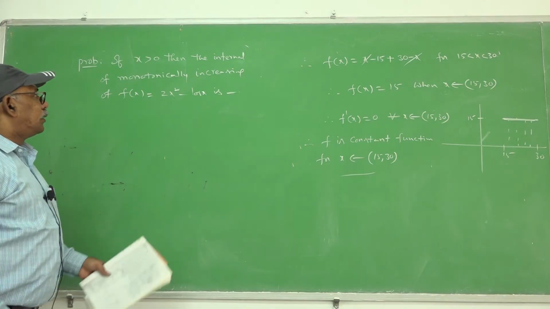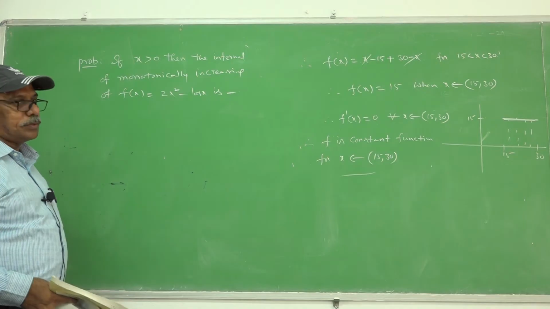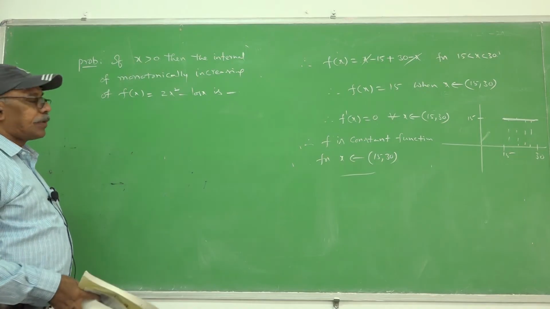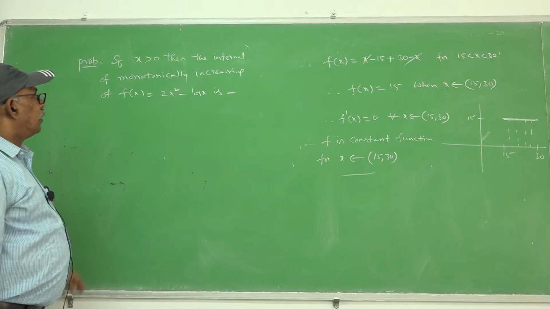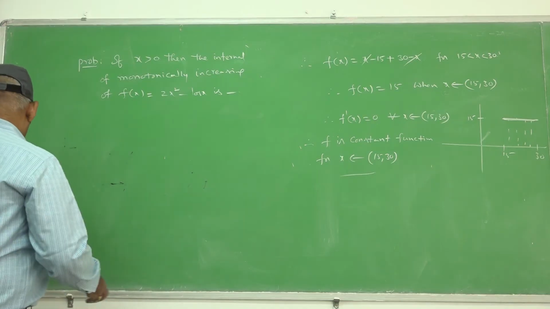That is the question. Once x is positive, and f x is given as 2x square minus log x, for which interval is the function monotonically increasing.